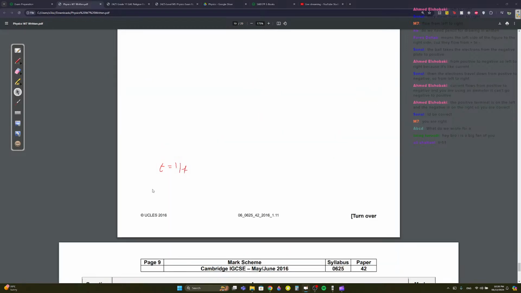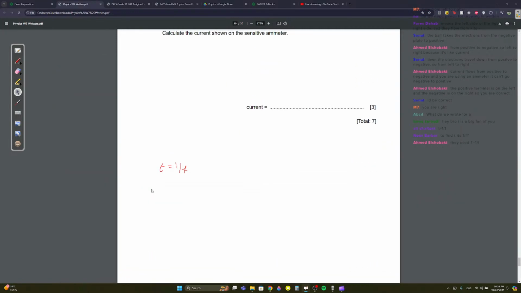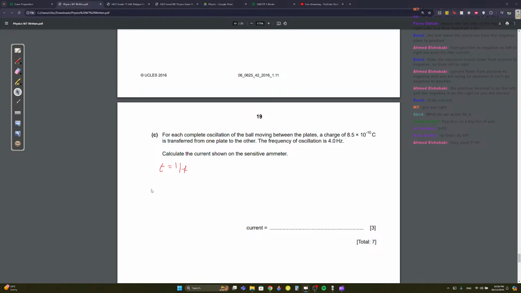Yeah, guys, I know, but we never took T equals 1 over f. Or did we take it? I'm tweaking. Guys, did we take T equals 1 over f?